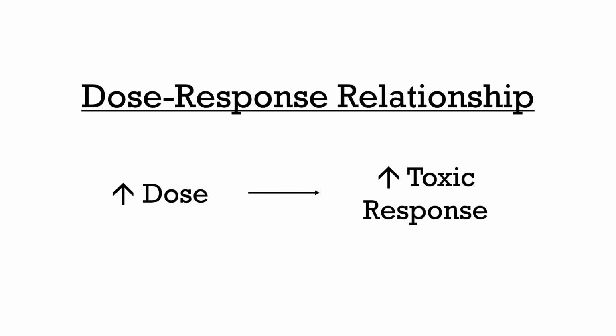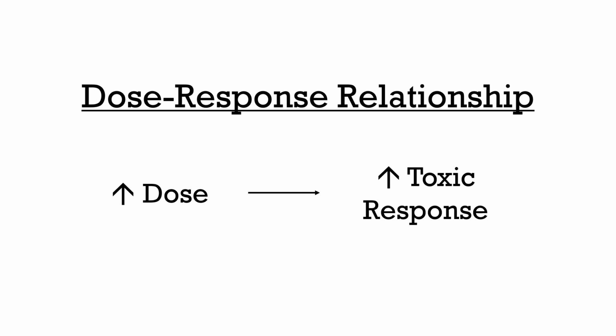For example, 1 ml of snake venom would cause blood clots in the body, especially depending on the part of the body. The more venom is introduced into the body, the faster it is for the toxic response to show itself physiologically.